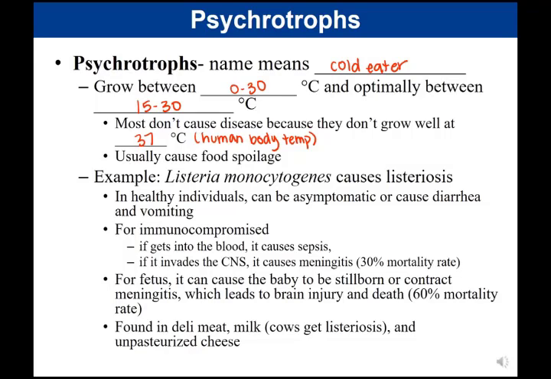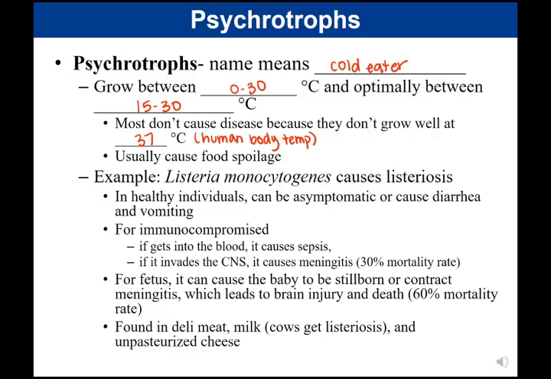So again, when we talk about immunocompromised, we're talking about patients who have undergone chemotherapy, for example, patients who have had an organ transplant and are on anti-rejection medications, patients who have late-stage HIV or AIDS. That would also be immunocompromised because their body is fighting off the virus and their T cells have been compromised as a result. So people that are at risk for listeriosis would be immunocompromised.